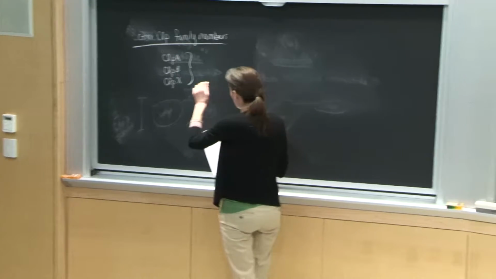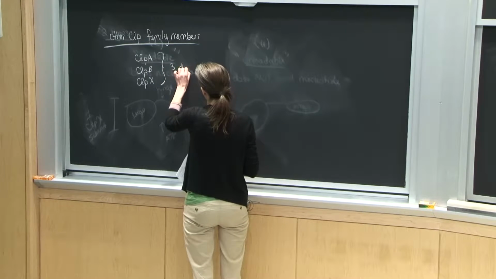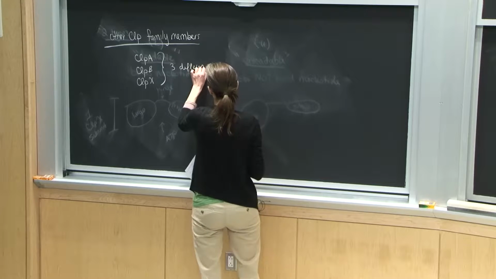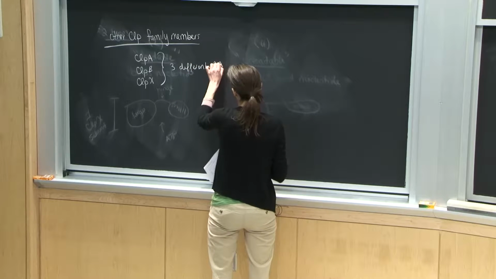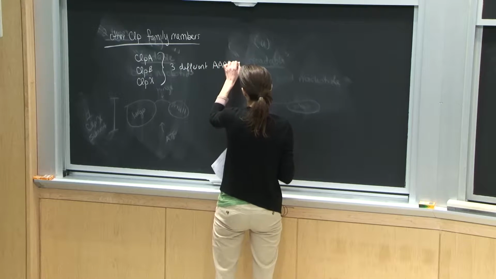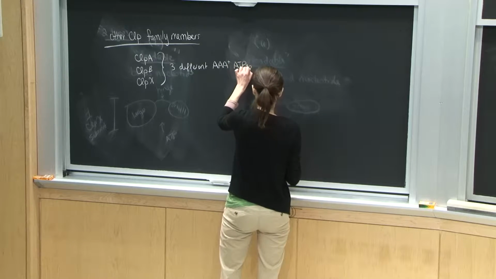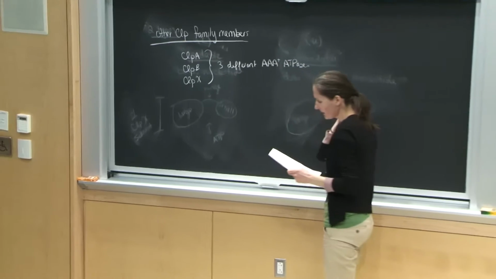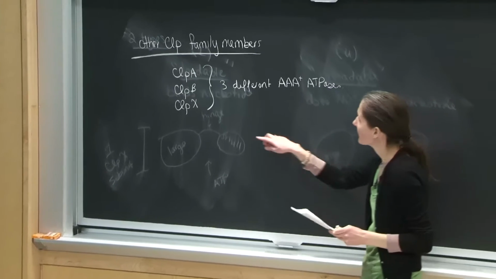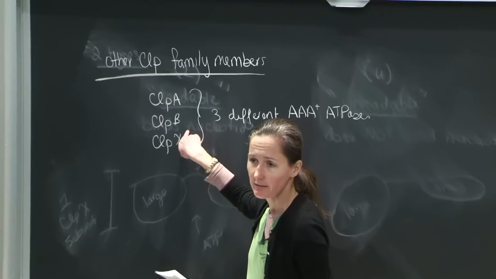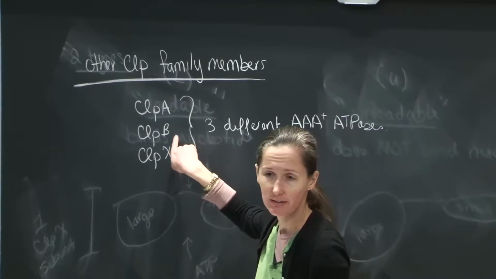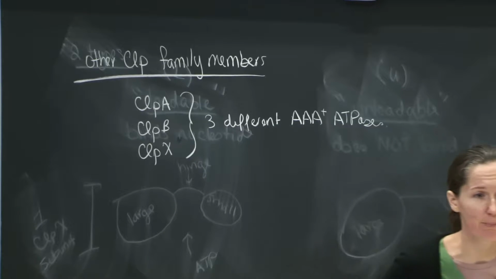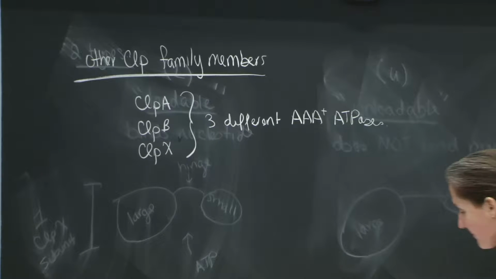These are all 3 different AAA+ ATPases. And you've actually encountered ClpB last week. This is HSP100, which came up in question 2 on the exam by another name.